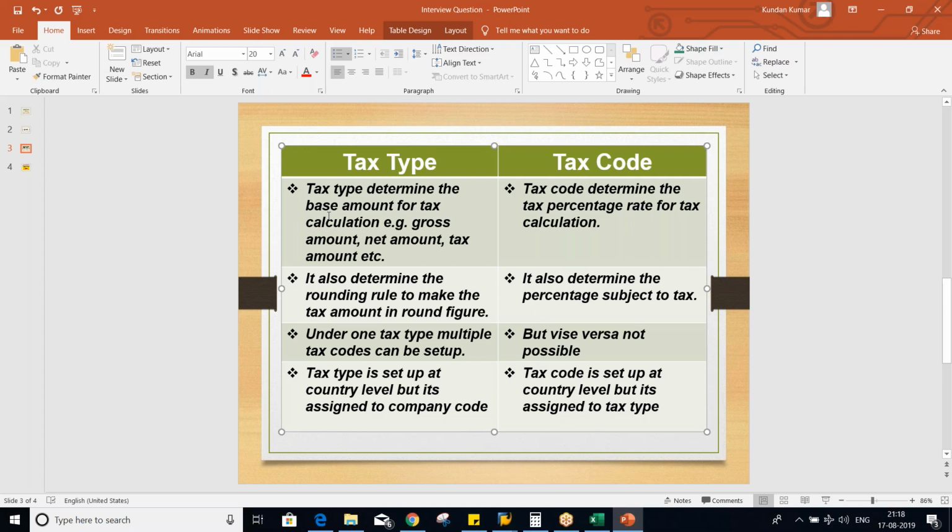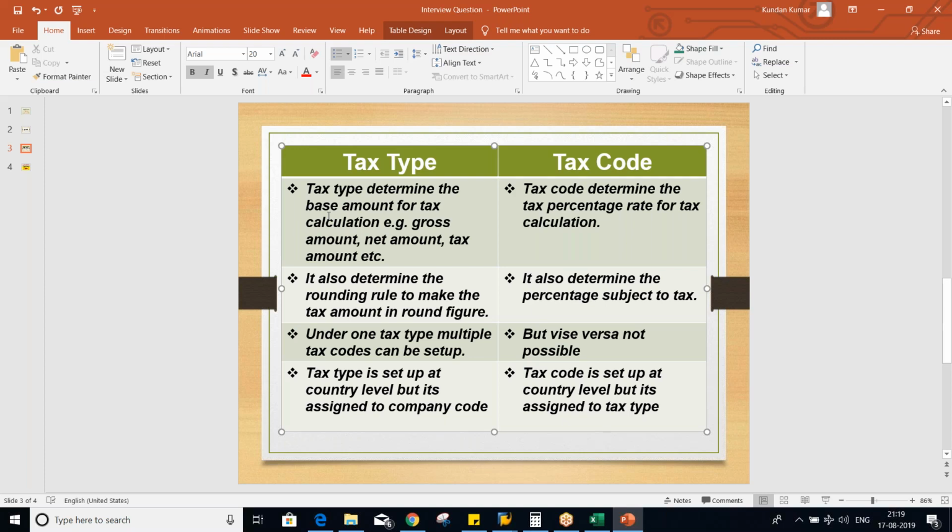Whereas the tax code determines the percentage rate, what percentage of tax is going to be deducted. At the same time, tax type also determines the rounding rule, whereas the tax code determines the percentage subject to tax, in the sense what percentage of the base amount is subjected to tax.